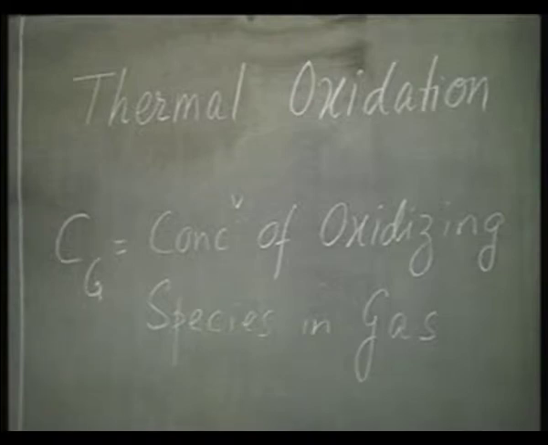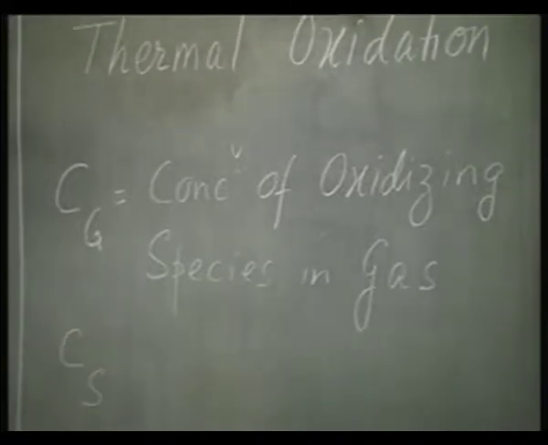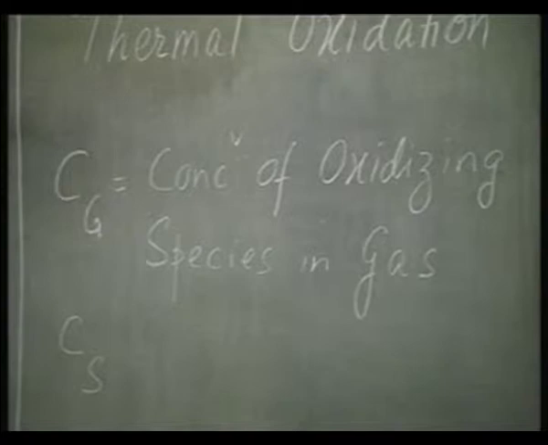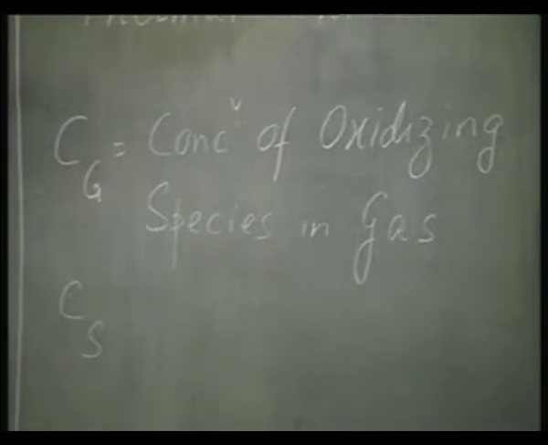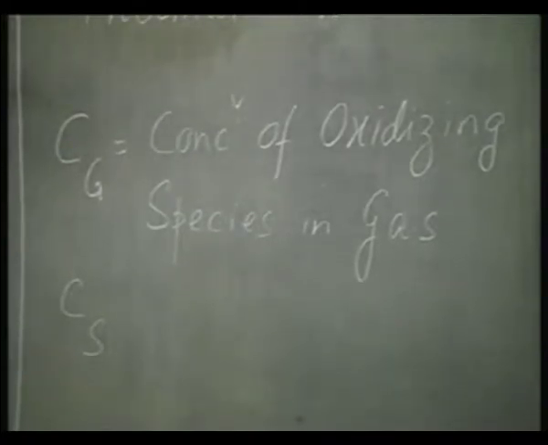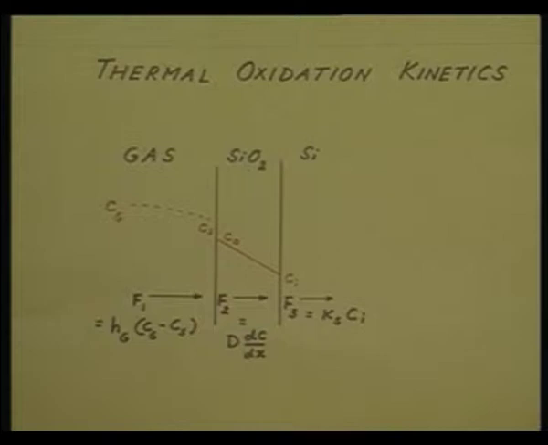So, it is the concentration of the oxidizing species in the bulk of the gas. I have also written Cs there. Again, C stands for concentration of the oxidizing species, and S says that this is right next to the gas oxide surface.